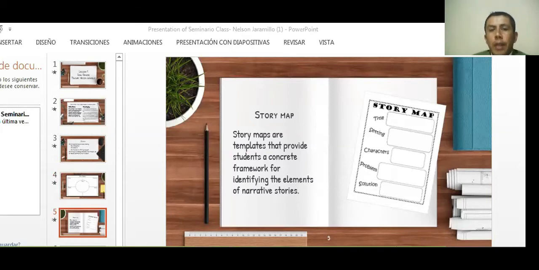Now, please write a summary in your notebook with all the information written in the map. Good job, guys. Claps for you.